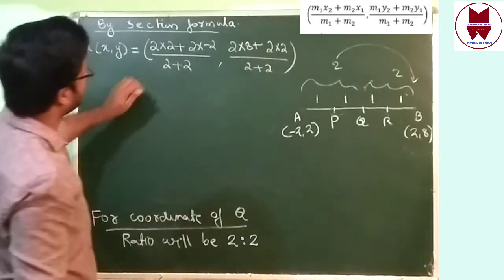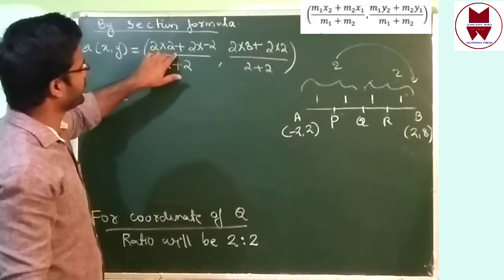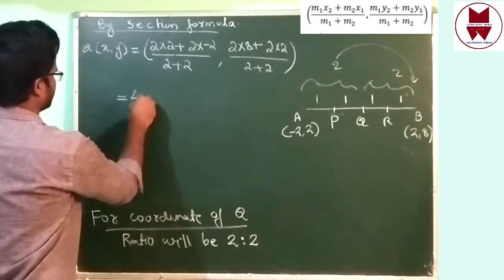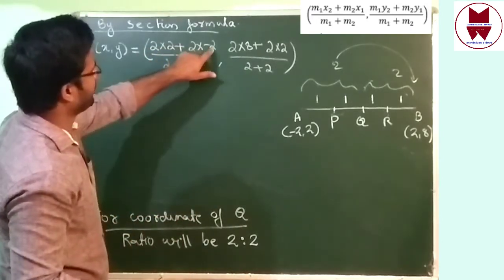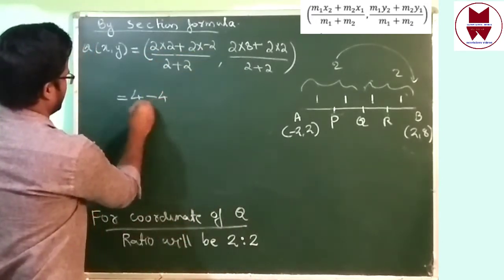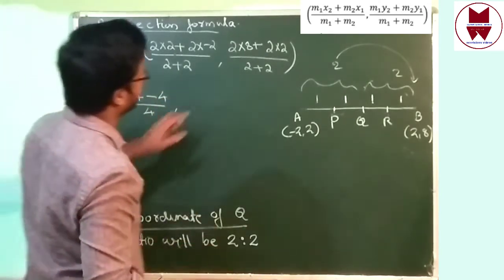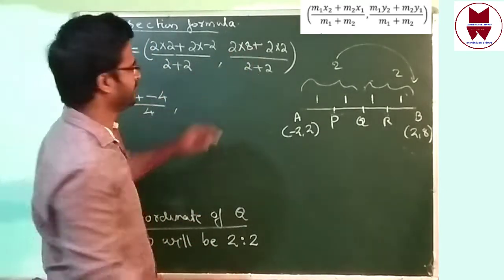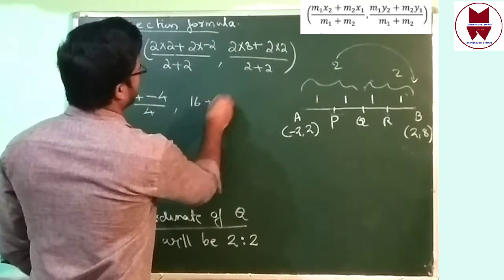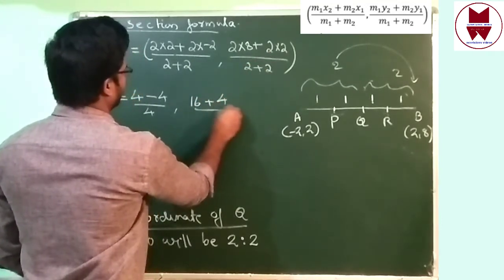Equal to, what do you get here? 2 into 2, 4. Then 2 into minus 2, minus 4. Divided by 4. Second part, 2 into 8, 16 plus 2 into 2, 4. Divided by 4.